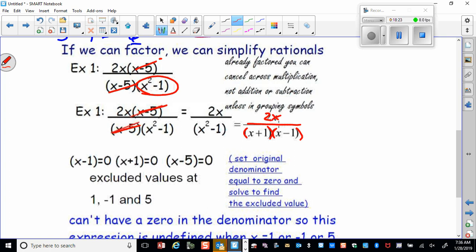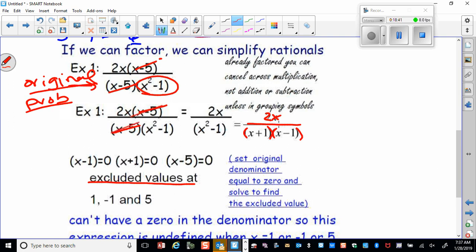Okay, now when we're looking at excluded values, you see it said each of these factors, you go back up to the original problem. All right, and look at the denominator.